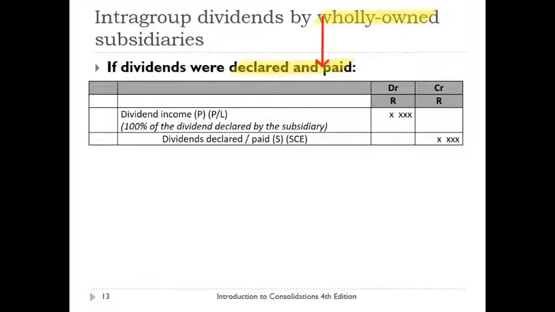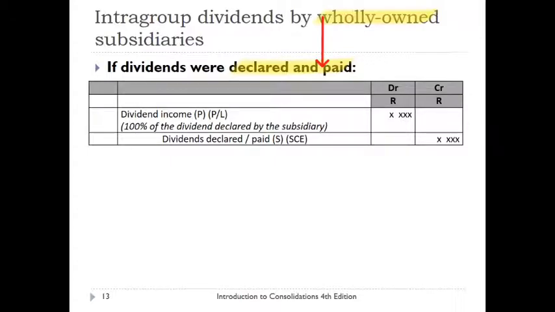But the shareholders for dividends and dividends receivable will no longer be recognized in the separate financial statements of P and S at the end of the reporting period, as the liability has been paid and the debtor has been received. If you know that, and that's why it's so important to understand what happened in the separate financial statements, it makes it easier to understand what you want to achieve through your consolidation journal entry.